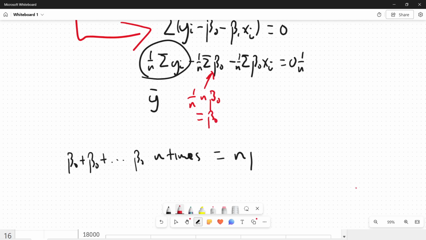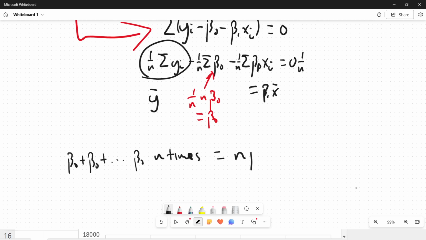And then what do I have over here? Well, I've got a typo, first of all. That's a beta 1, not a beta 0. So let's fix it and say that's beta 1. And I also noticed that the beta 1 could come outside the sum, and then that's going to be, just like with the y bar, that's going to be beta 1 x bar.